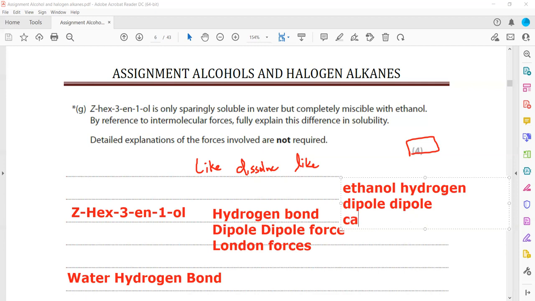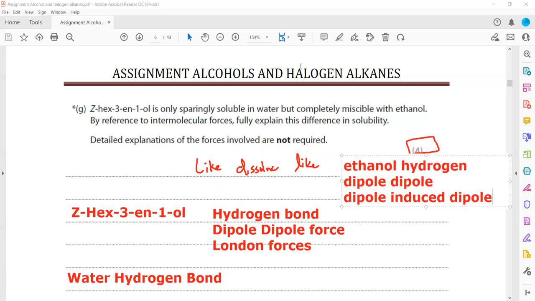And due to the carbon chain, it will have dipole-induced dipole forces, or you can say London dispersion forces. So when you check the types of forces in ethanol, we have hydrogen bonding. Here we have hydrogen bonding, here also hydrogen bonding.